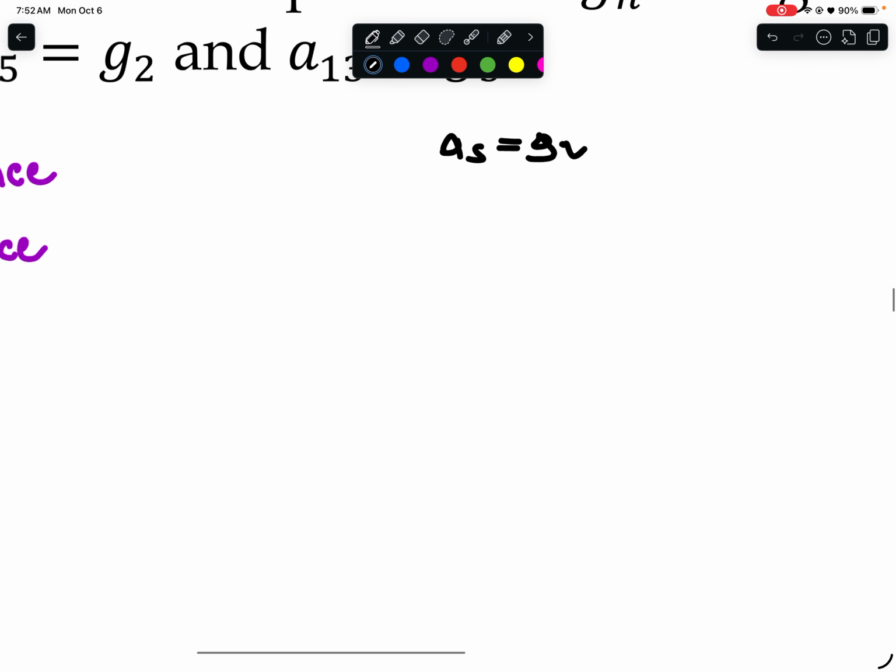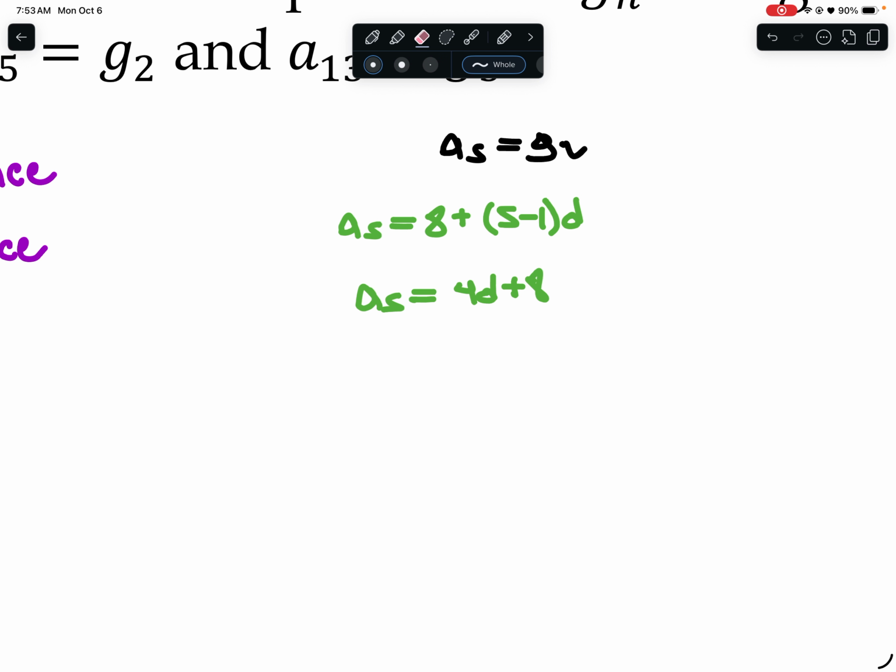So I'm going to do my setup. I'm going to set up explicit form: 8 plus n minus 1 times whatever my common difference is. But we're finding the fifth term, so I'm going to replace the n with the value of 5. When I simplify, I know a sub 5 is going to be equal to 4d plus 8.